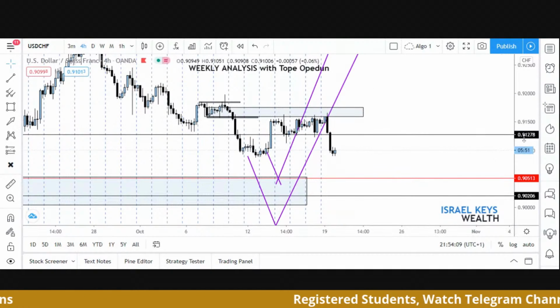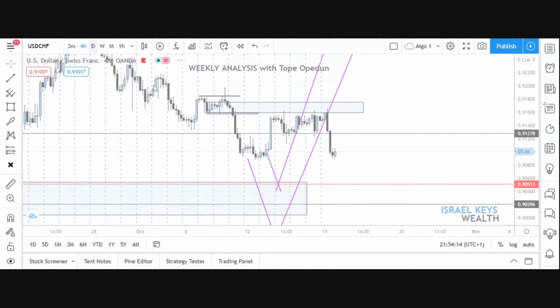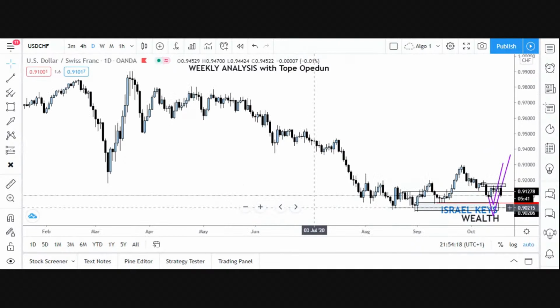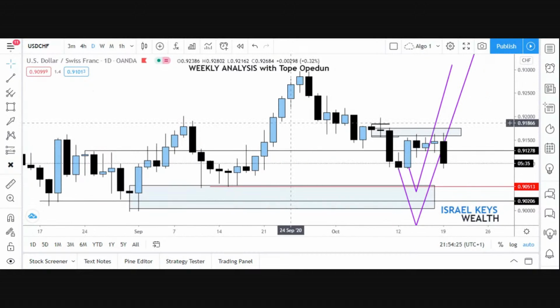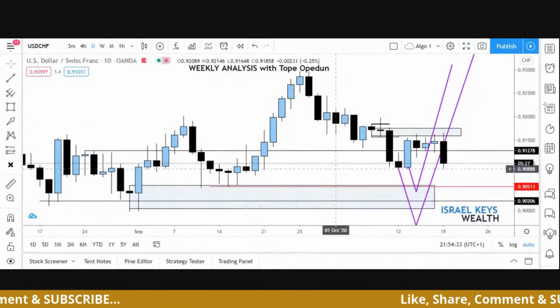So USDCHF is currently holding up around, let me see. But on the weekly, our direction has been, break this range, go long, and then come back into it, and then go long again.